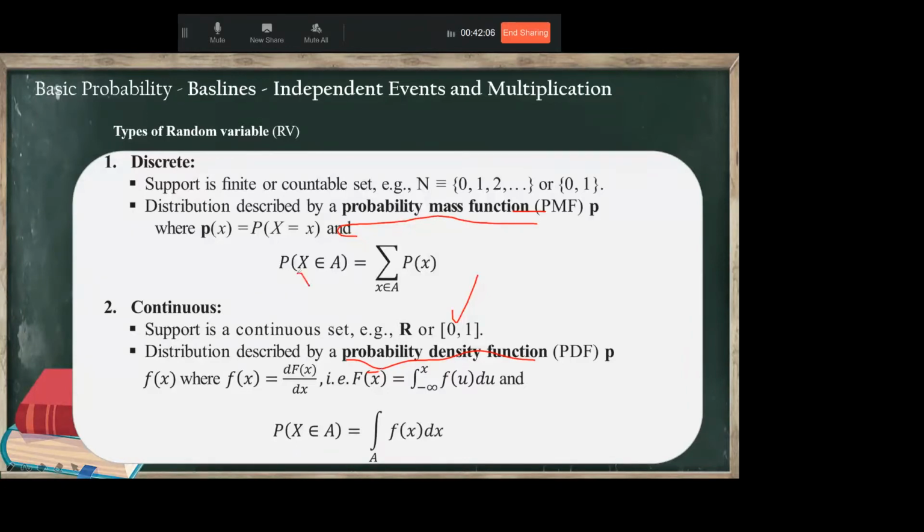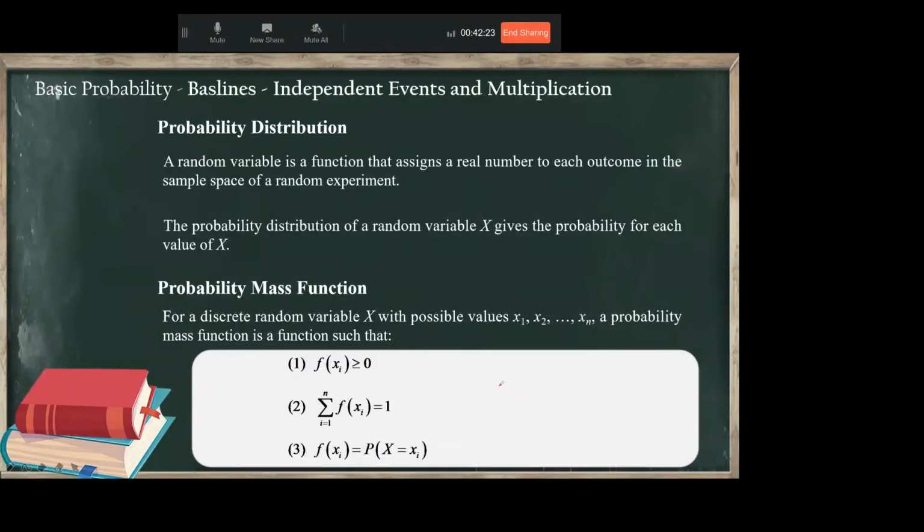You can also denote it with the same p of x. You need to differentiate the main function, the frequency function, meaning integrate it, from minus infinity to x, f of u du. What is this distribution? We will talk later on. But here we have a range. So we can say a probability distribution of a random variable is a function that assigns a real number to each outcome in the sample space. The probability distribution of a random variable x gives the probability for each value of x. That's also sure.